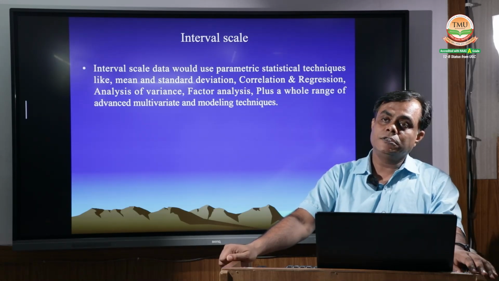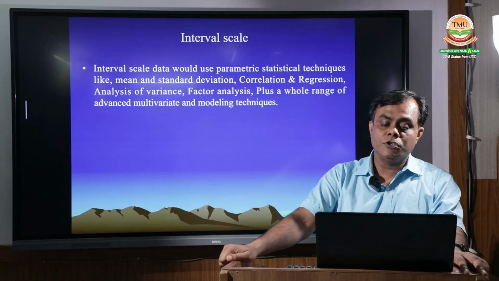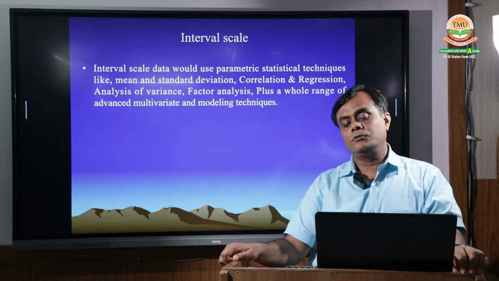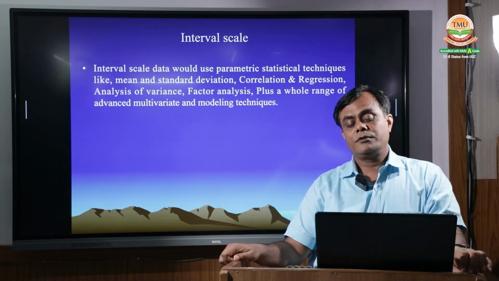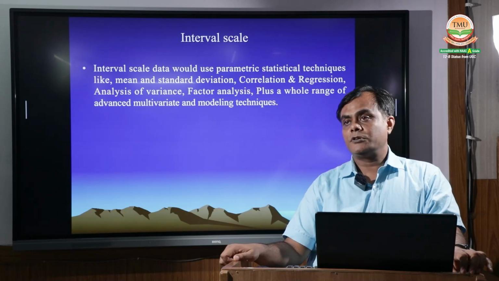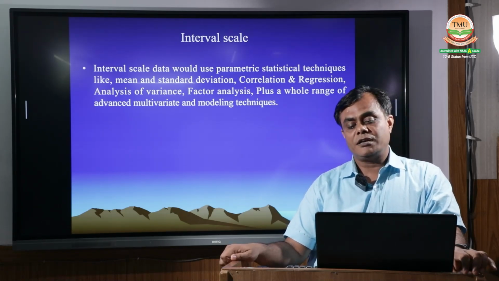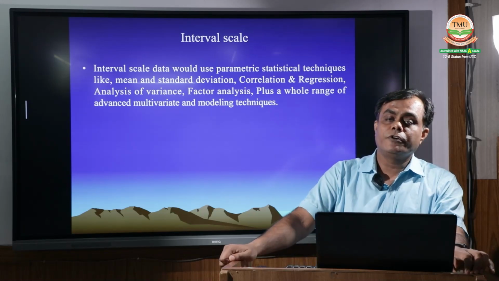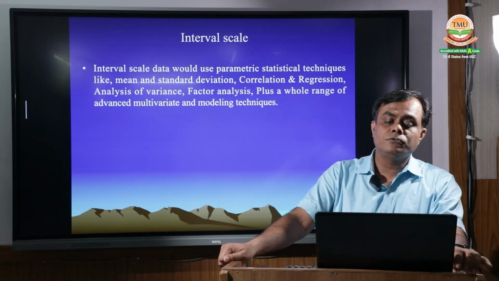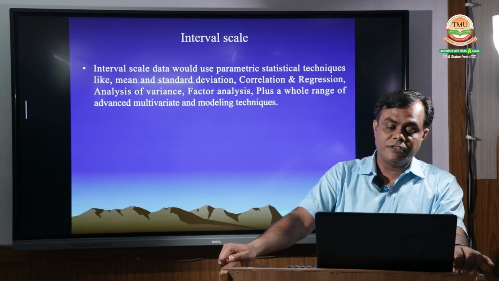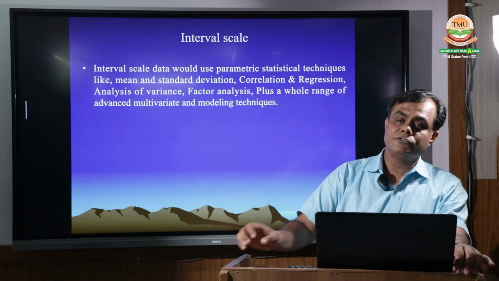So under the interval scale we are using a lot of statistical tools, parametric techniques: mean or standard deviation, correlation, regression, variance, factor analysis. So a lot of statistical tools can be used in the interval scale. Here you are seeing in this slide.